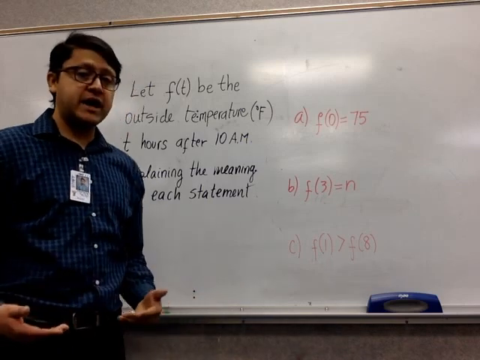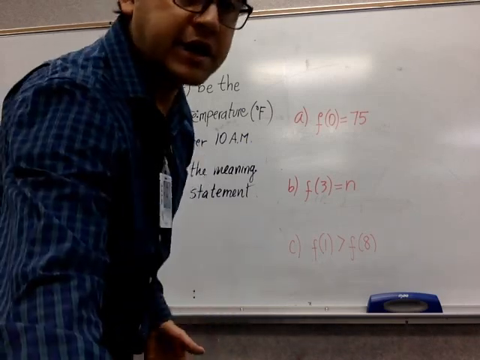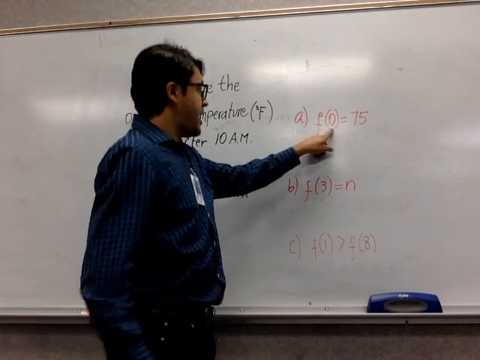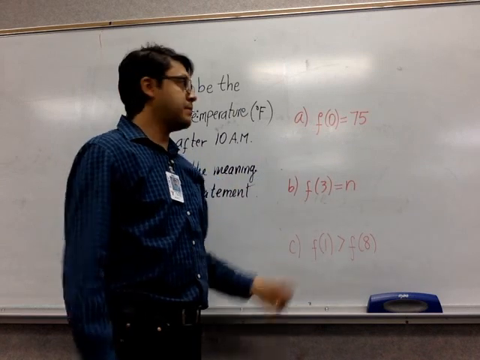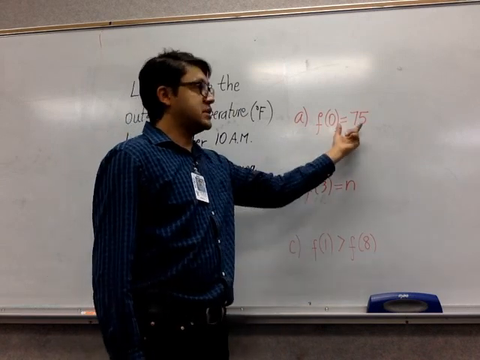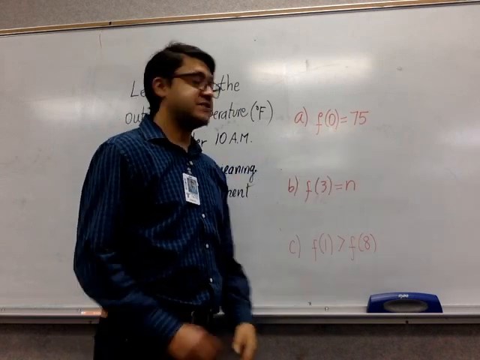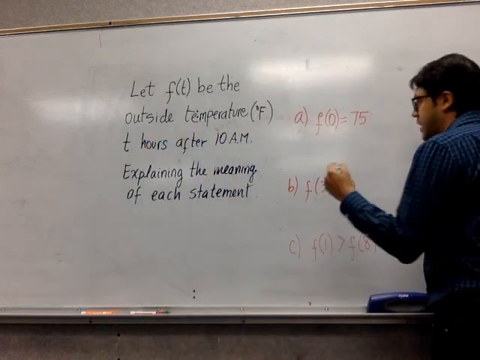So how should I interpret this statement? I interpret it as at 0 hours after 10 a.m., which means at 10 a.m., the output, the temperature, is 75 degrees Fahrenheit. That's what I should write, okay?